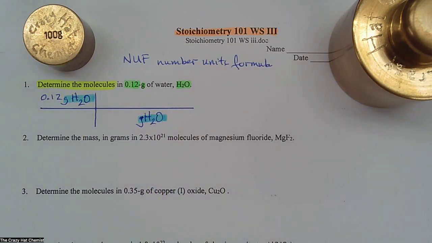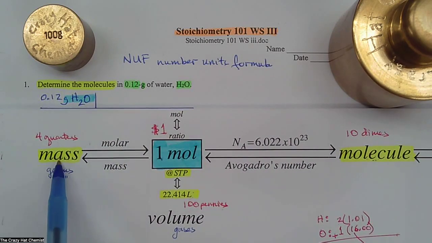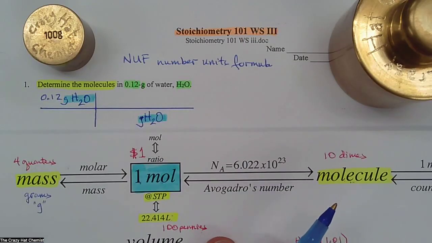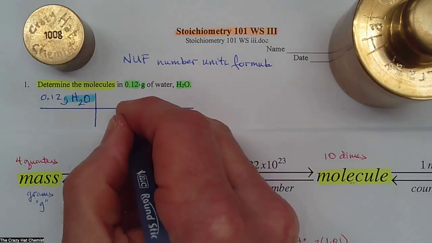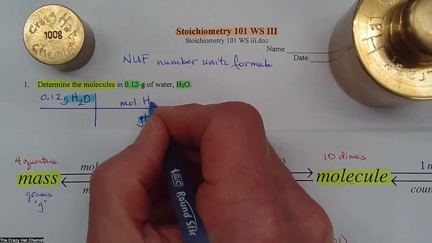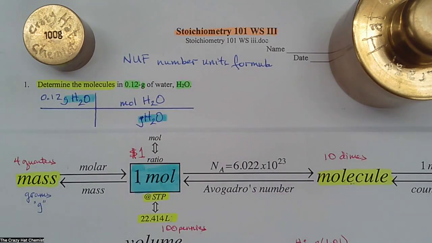So from grams, what can I go to? Well, I need my flow chart for that one. From grams, which is a mass, what can I go to? I can go to moles. So that tells me what the units are in the numerator, and that would be moles. What is the formula? Well, that's not going to change because I have grams to moles. That's the same formula.